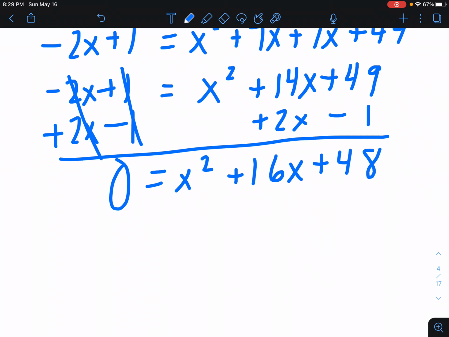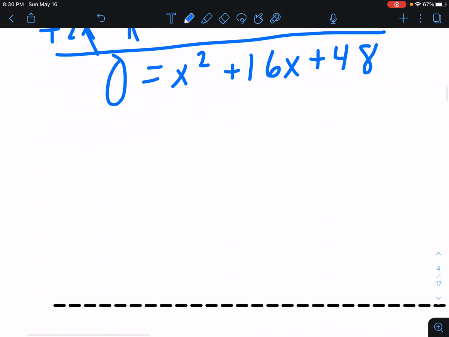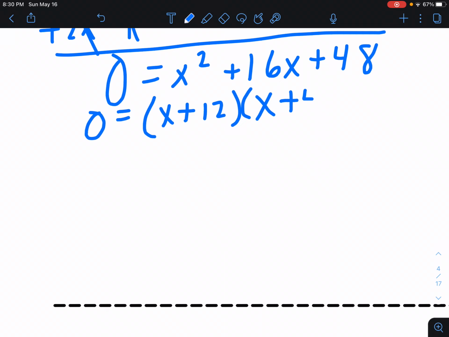So then I either factor or use the quadratic formula. Can I factor here? I'm thinking in my head, are there two numbers that multiply to get 48 and add up to get 16? Yes, 12 and 4. So x plus 12 and x plus 4.